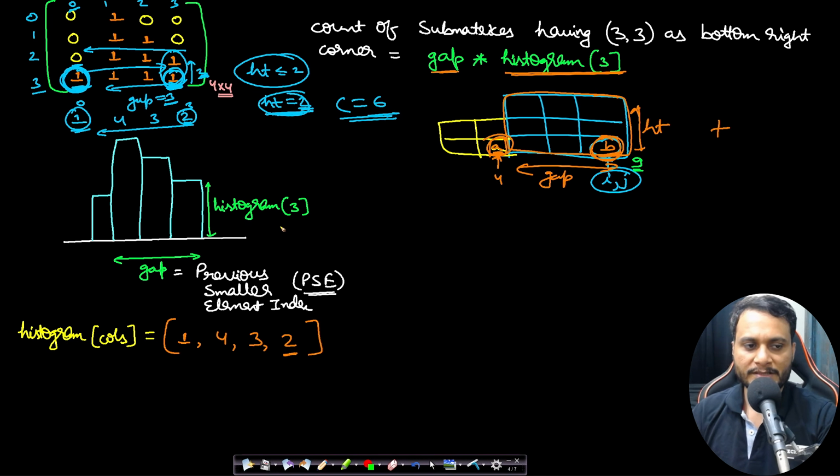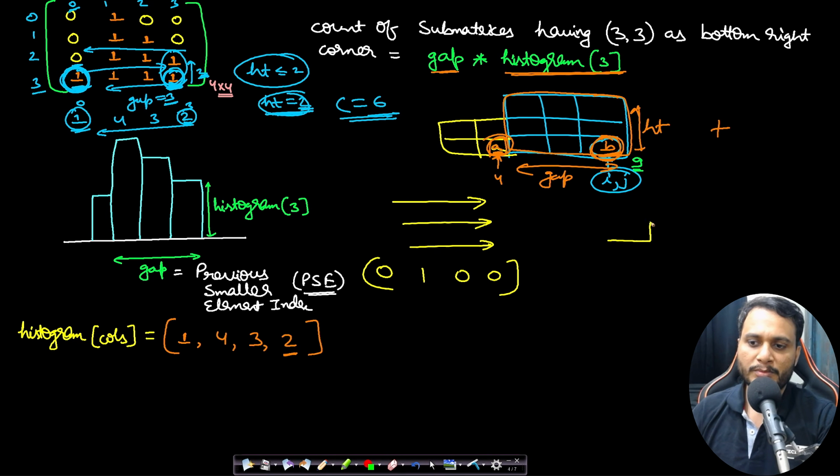Now why is this concept of histogram coming in? Whenever we solve this problem, you know that we will be solving it row wise, one row after another. So if you start solving it row wise, in this particular case, you will have the first row as 0, 1, 0, 0. So if you draw the histogram, it will be something like this, 0, 1, 0, 0. Okay. Now in this case, there is only one submatrix. Now if you go to the next row, then this row will be falling over the second row.